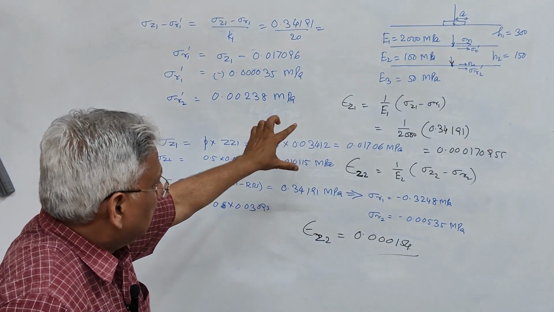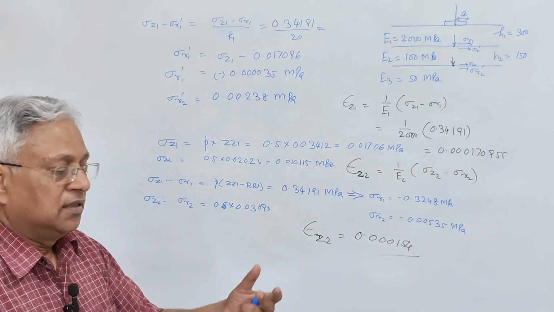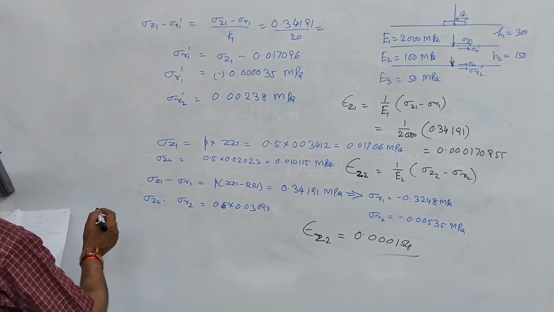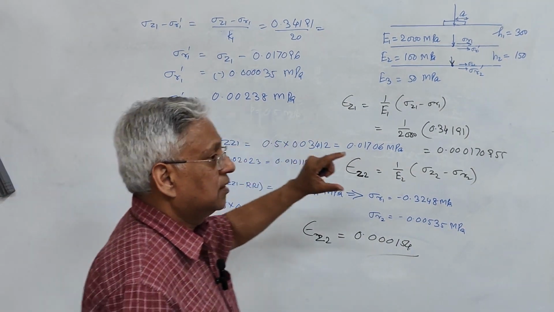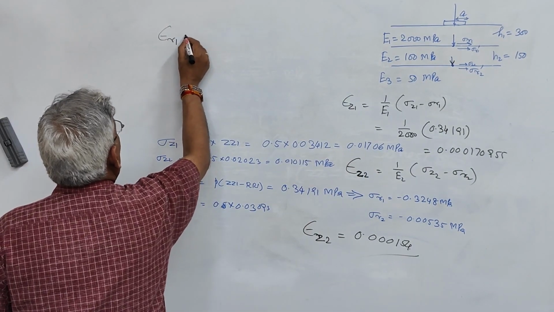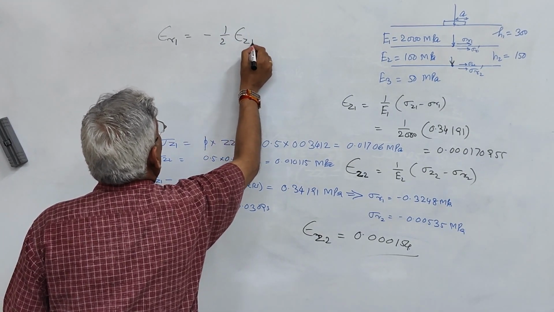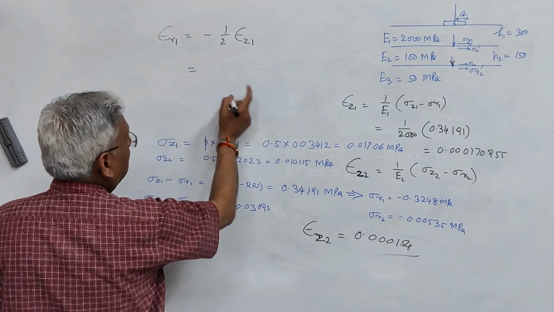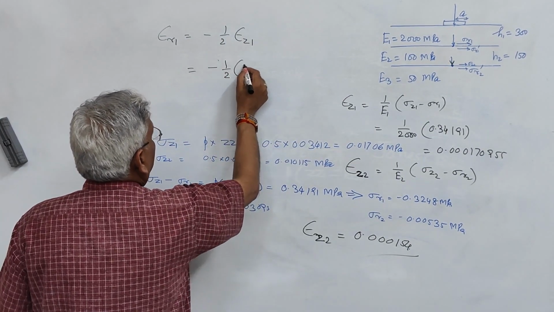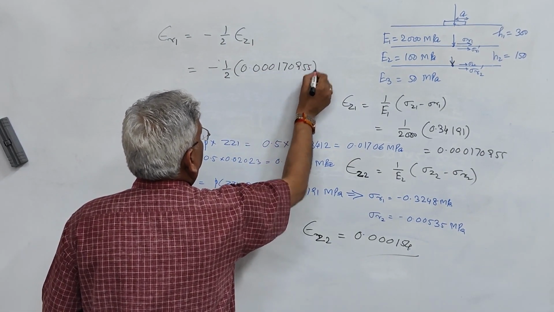Now once you know epsilon Z1, epsilon Z2, if you want to find out radial strains, those can also be found out, because I told you that the radial strain is half of the vertical strain, and therefore epsilon R1 will be minus half of epsilon Z1. This is equal to minus half of 0.00017095.